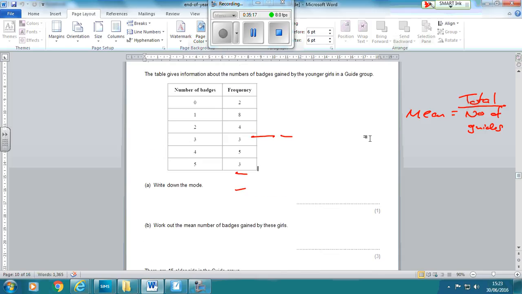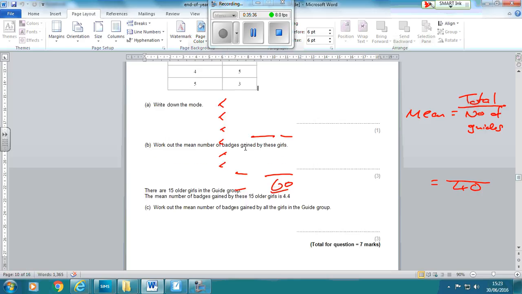So in total, that is 40 guides in total. Now, when we multiply these together for the number of badges, we had a total of 60. So there were 60 badges from these girls here. And let's put a pin in that for a second. 60 badges.